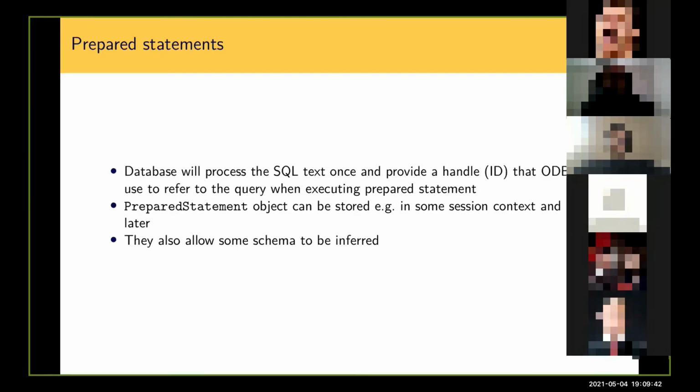Then when you make a query, you just use the ID saying, please execute this. This is pretty handy for things that you know will be repeating a lot, like those insert statements I mentioned. And you can even sometimes get some schema information from your query if that was possible to be inferred by the database. So you get the performance benefit here.